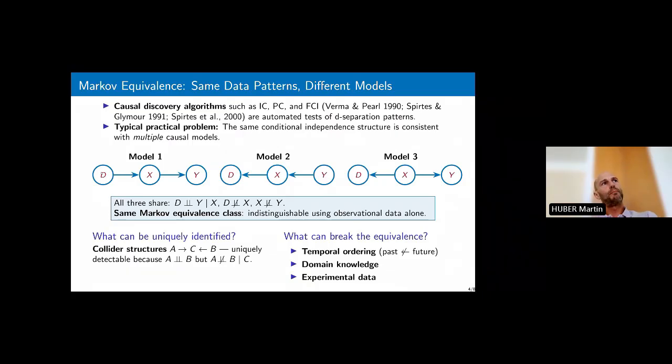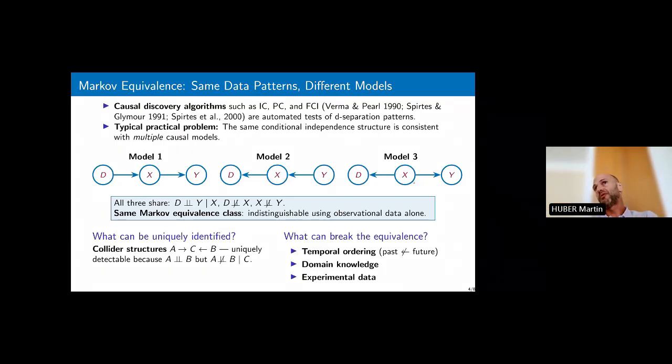So, for example, if we observe that some variable D is associated with some outcome variable Y, but is not associated after we control for X, it could either be that we have a causal chain in the direction of D affecting X and X affecting Y. We could even have the opposite, like Y affecting X and X affecting D. And we cannot distinguish these two models based on the statistical associations.